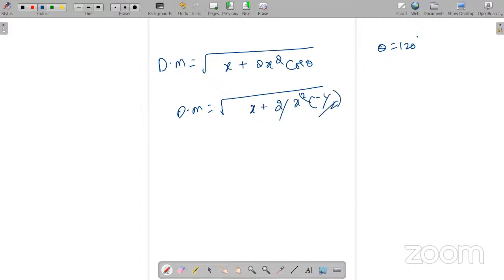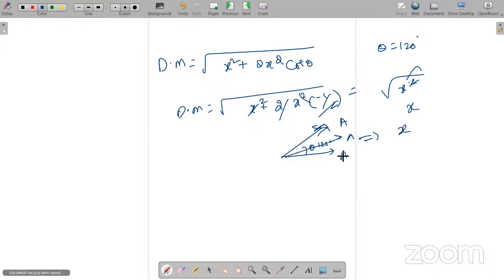The minus 1 by 2 cancels, and the terms cancel, and at the end you are going to get x square under root. So whenever the bond angle is 120 degrees, and the two bond dipoles are equal, the resultant dipole moment will be in the middle. So that is how you find the dipole moment.